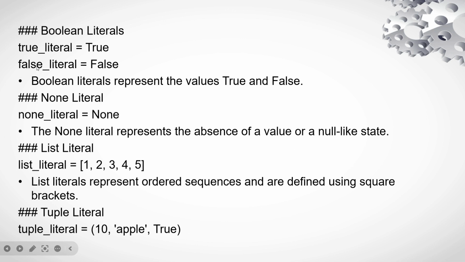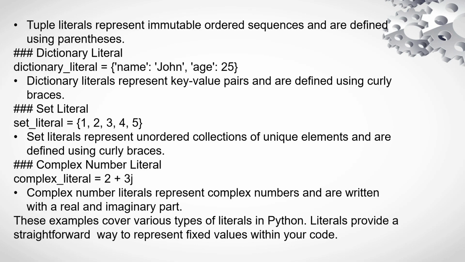A list literal represents an ordered sequence and is defined using square brackets. Tuple. Tuples are represented in this way. Dictionary. Set. Complex number. Complex number literals represent complex numbers and are written with a real and imaginary part. So, these are the examples of literals in Python.